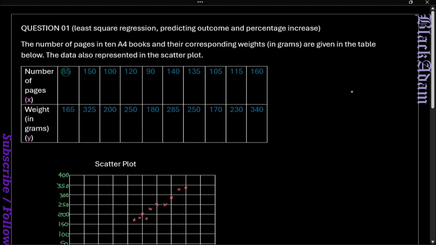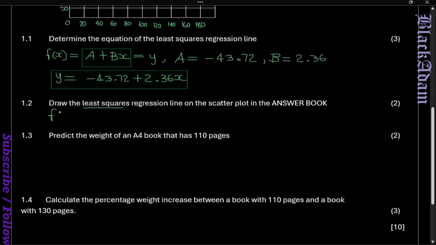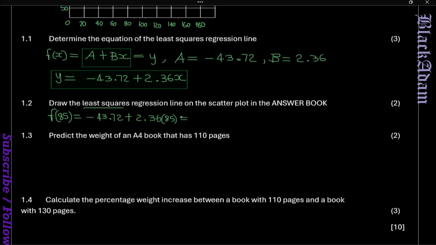Okay, so the second line they say draw the least square regression line, and then we have to find 2 points like f of x. Let's put the smallest one, which is 85. So if you substitute the equation with 85, it's negative 43.72 plus 2.36 multiplied by 85.